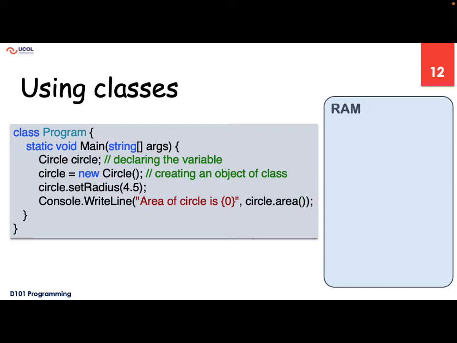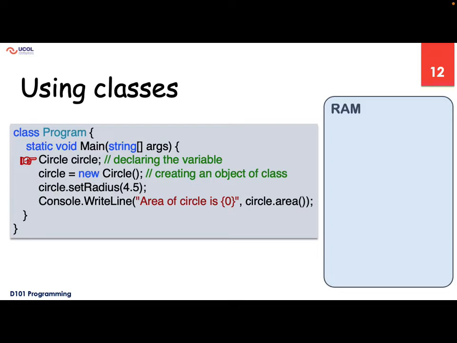Now we are trying to use those classes, circle, rectangle, and square. In the main program, I remove that particular print statement line, and then I say that I want circle. We are declaring the variable. So when we declare the variable, what happened in the RAM? Look, if you look at the RAM, is there any circle here? No. Is there any rectangle here?